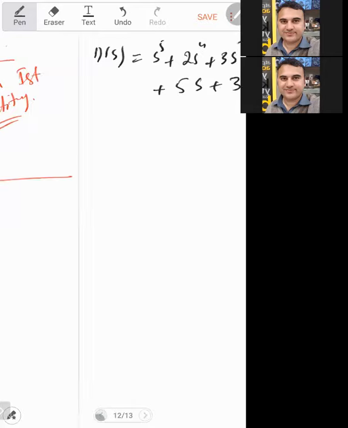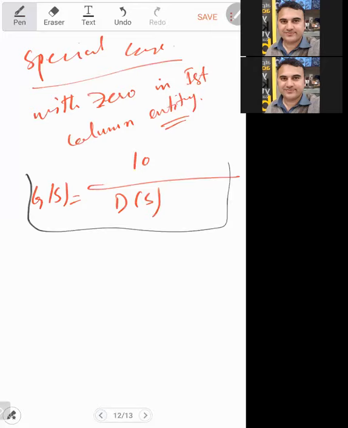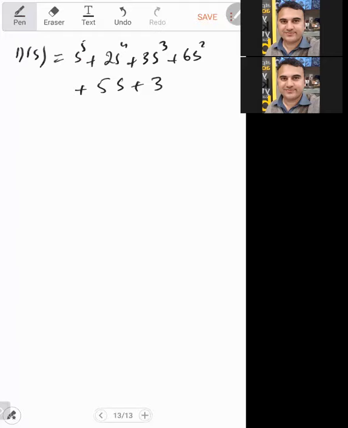So this is the transfer function of the system. You see 10 divided by D(s), and we already wrote the denominator polynomial D(s). We will quickly analyze this to check whether it is a stable system or not.